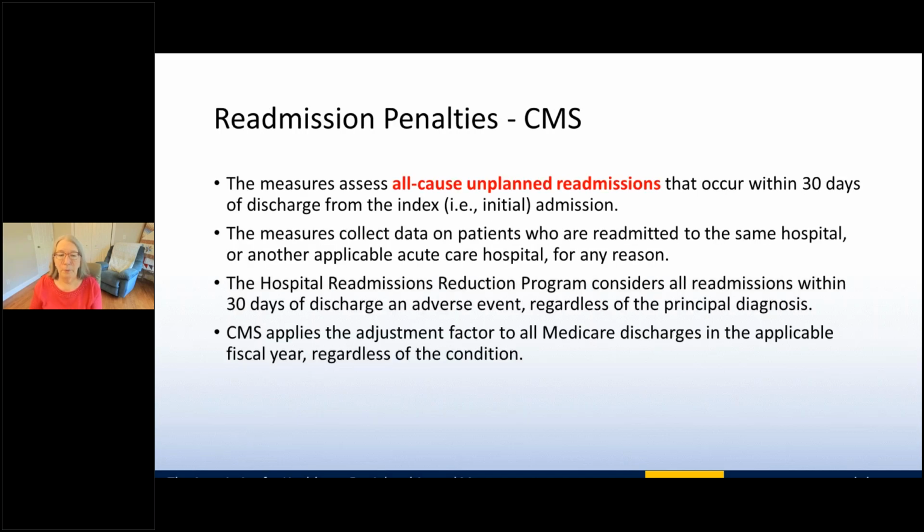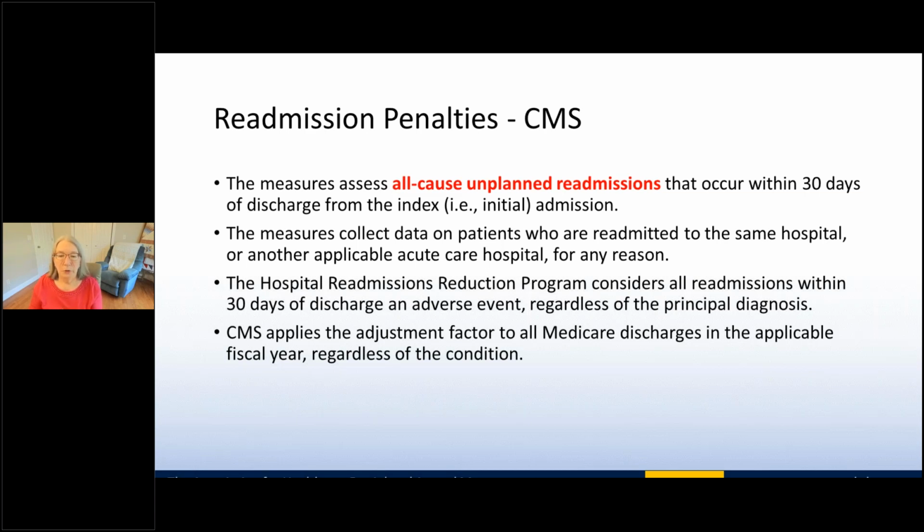Okay, so for the 6 measures that I just talked about, CMS is going to assess all-cause unplanned readmissions within 30 days. That's what I mean by the index or initial admission.